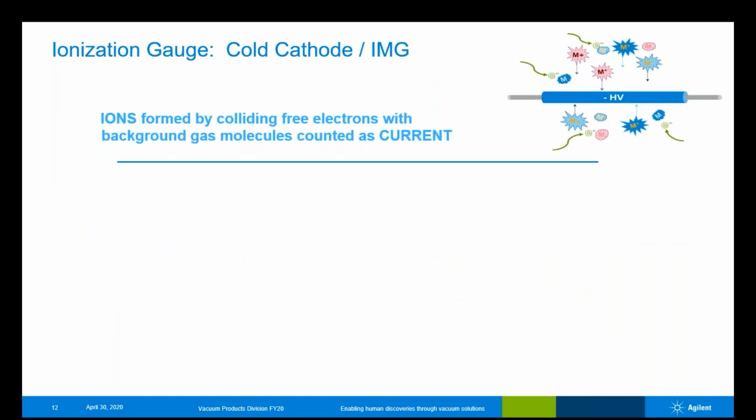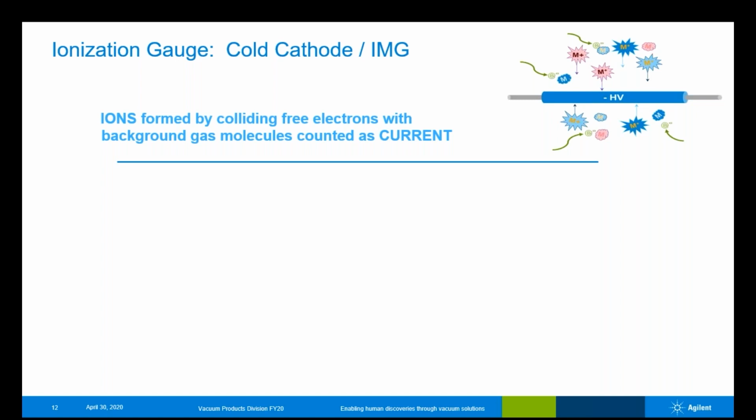When we get down to lower pressures, below 1 millitorr, unfortunately our thermal gauges all have to be replaced, because we simply don't have enough molecules there to be taking away any measurable amount of heat from that filament. So we move to a different technology, and what we're going to do is form ions inside our chamber. We're going to form positive ions, these M+ ions that we're showing here in the little graphic, and we're going to have a high negative voltage.